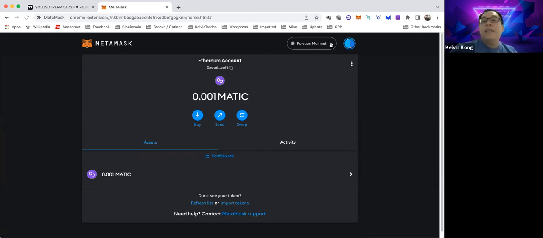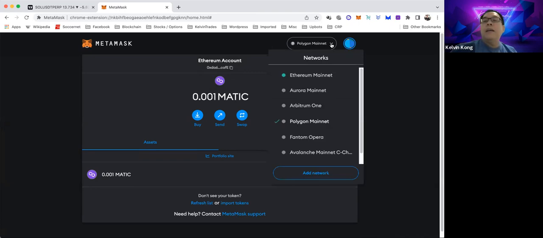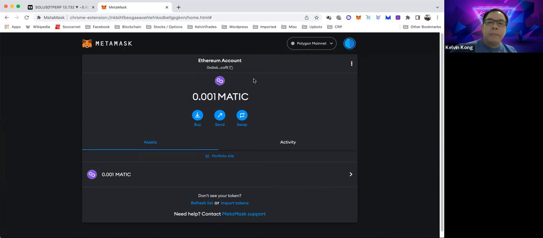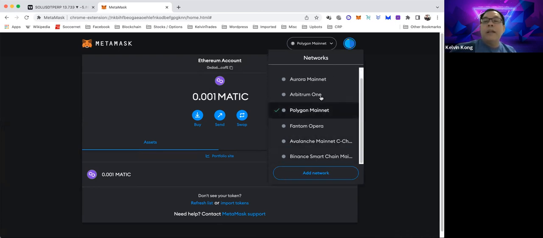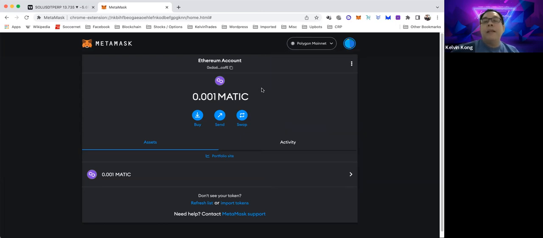They are all ERC20 coins. That's why, even though they are different blockchains, and Polygon is a layer 2, they can still connect to the Ethereum blockchain.